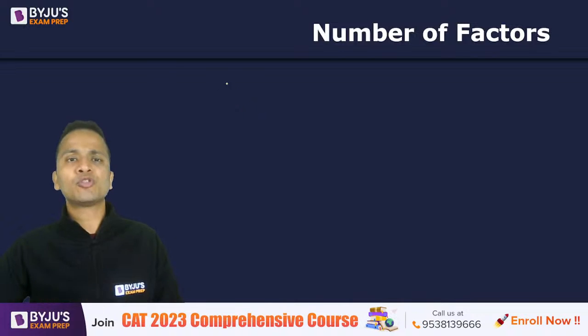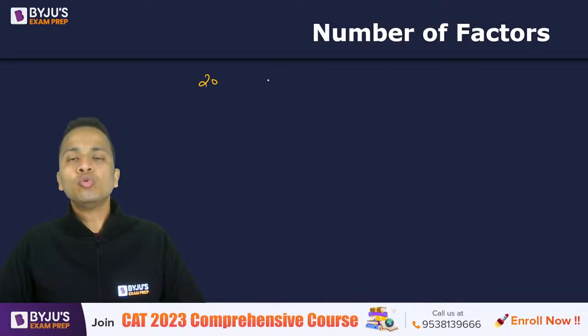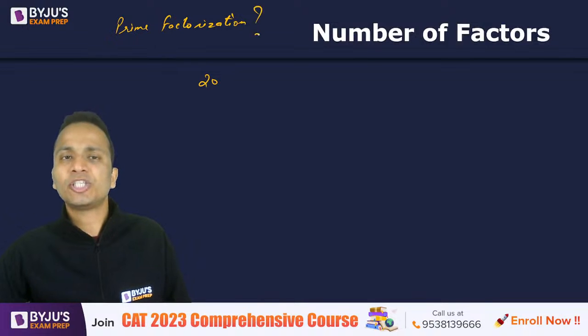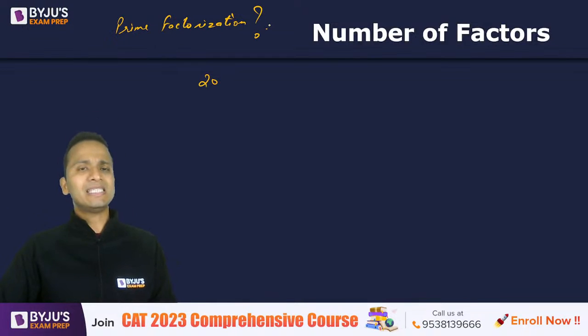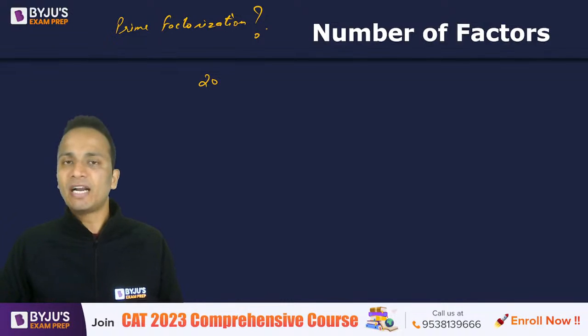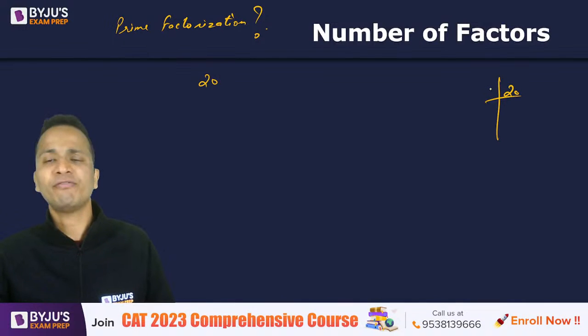I'll start with a smaller number, let's say 20. The first step here is to do the prime factorization of the number. What do you understand by prime factorization? I'll write this word so that you will remember it. Prime factorization of a number means writing the number as the product of prime factors. बचपन में किया होगा, 20 को हम इस तरीके से divide करते हैं prime number से.